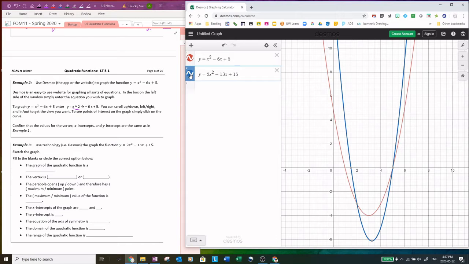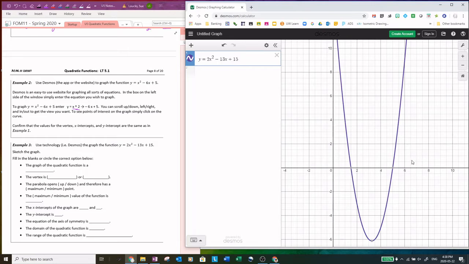If you click on the color part here, it makes it disappear. If I click and hold, it gives me some other color options, so I can make it purple if I want to. Now I'm going to get rid of that first one. I was going to show you that it actually highlighted where the two intersected, but it's gone now, so I'm not going to worry about it.